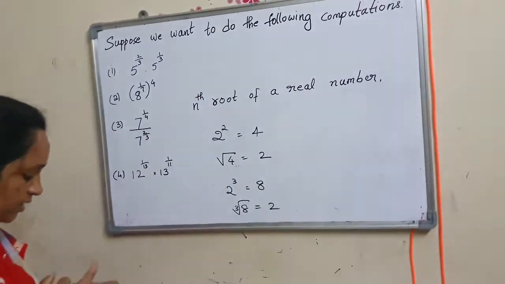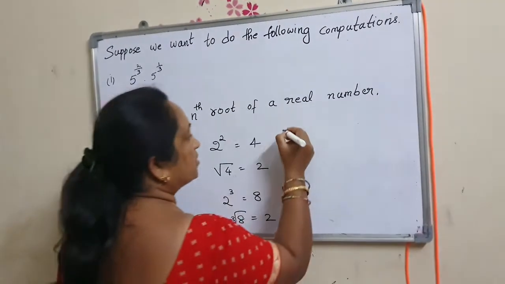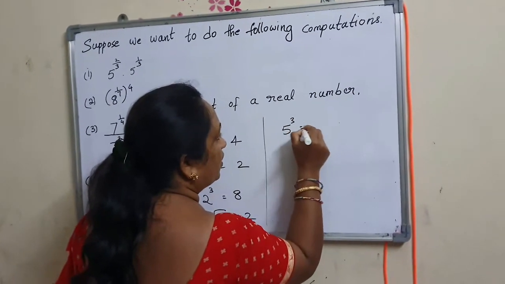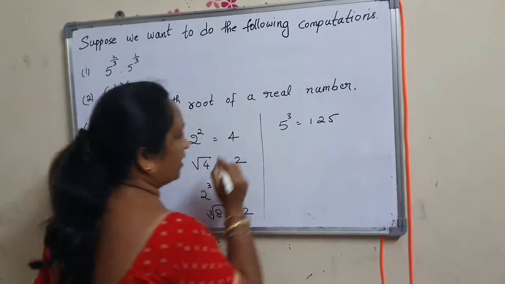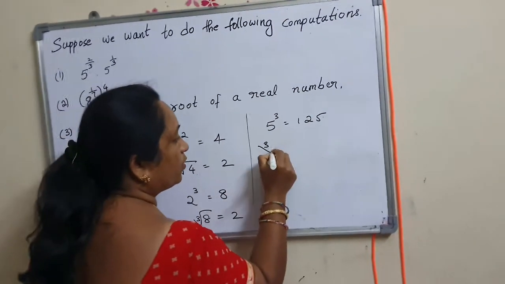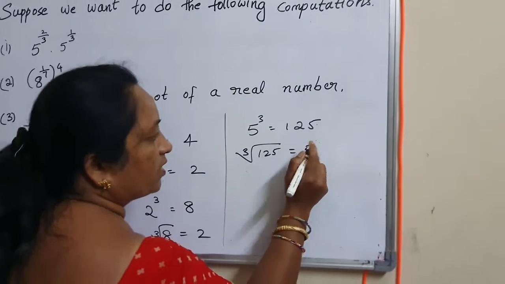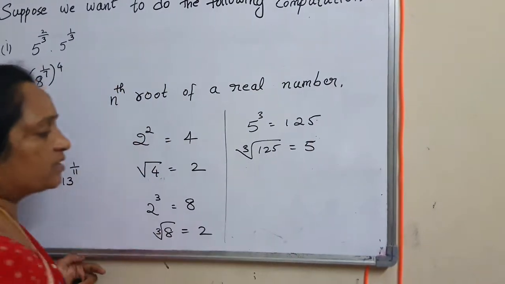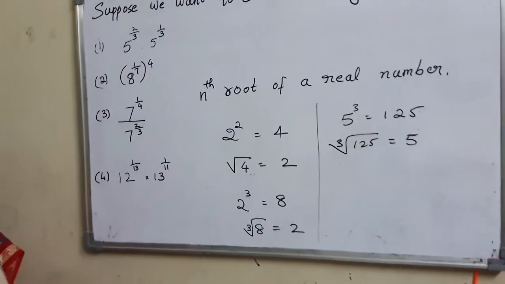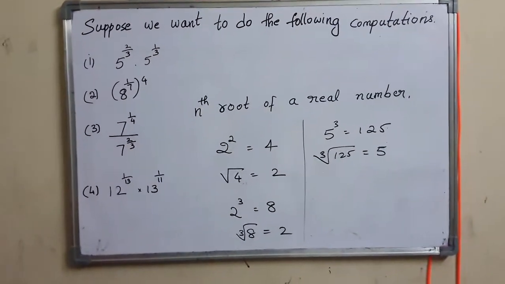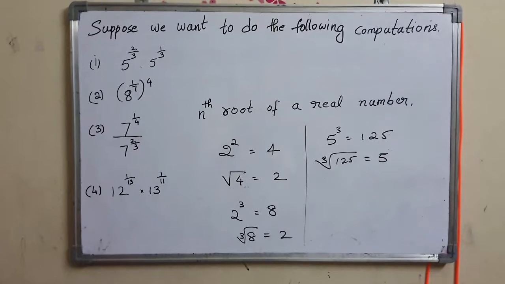Similarly, 5 cube is equal to 125. Then cube root of 125 is equal to 5. So here we need to understand what the nth root of a real number is. For that we are going to take the definition. Okay.